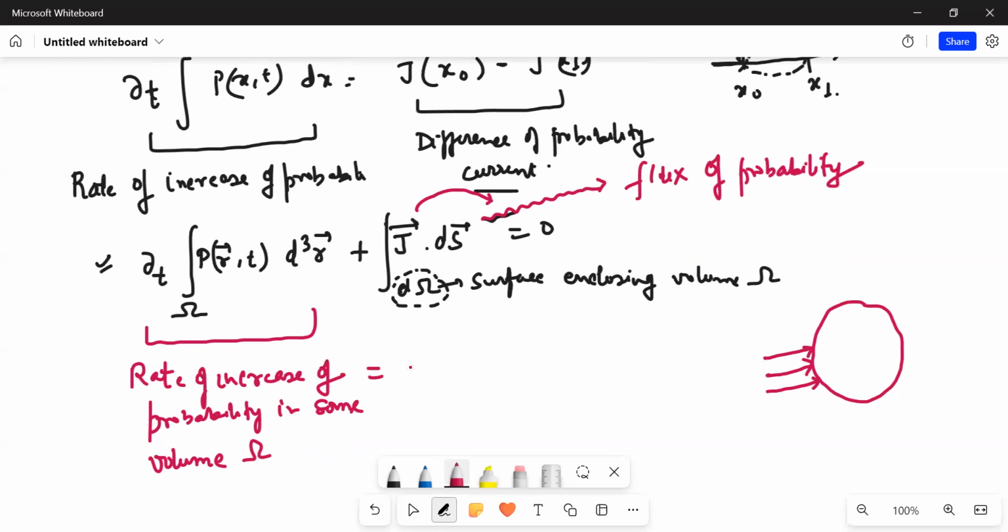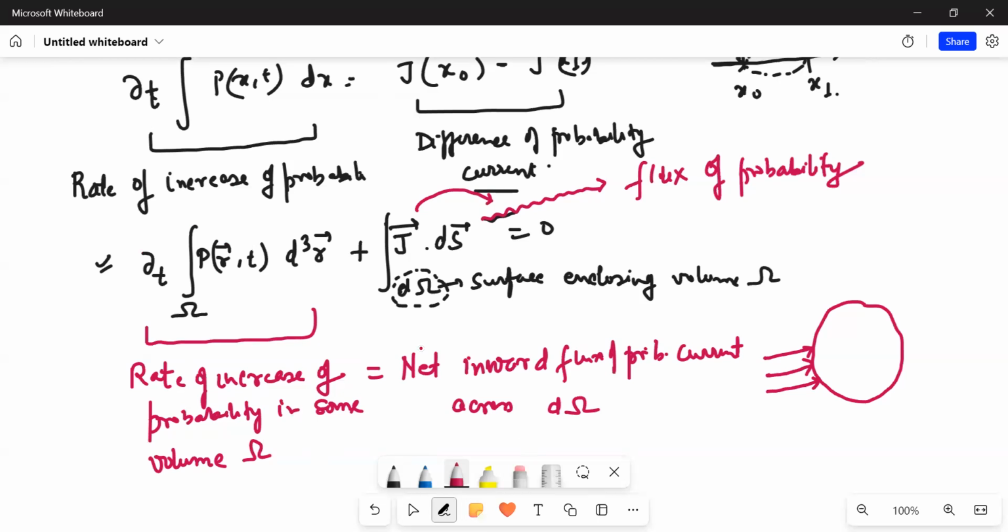It is equal to the net inward flux of probability current across the surface d omega.